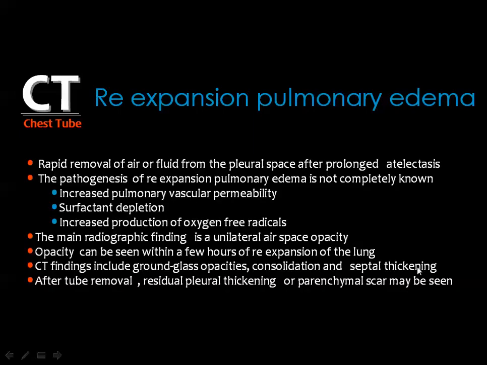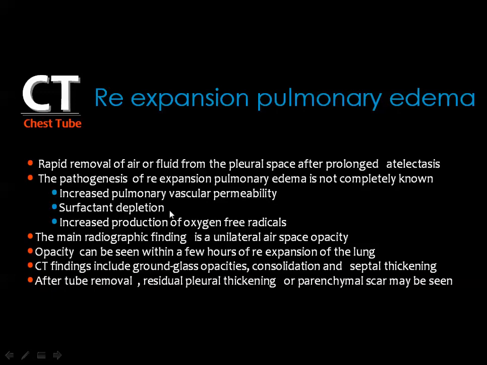One of the complications of the tube is known as re-expansion pulmonary edema. This will result from rapid removal of air or fluid from the pleural space. Then the rapid expansion of the underlying lung parenchyma will result in pulmonary edema. And the pathogenesis of this pulmonary edema is not actually completely known.